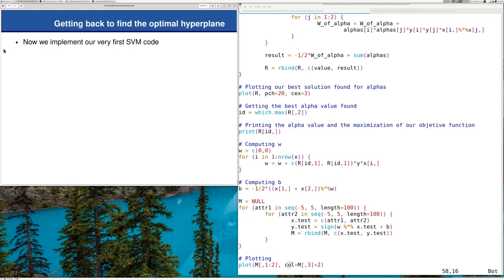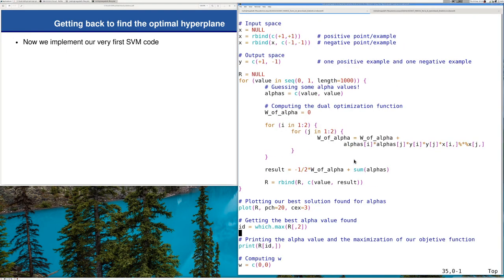Now I want you guys to come up with another SVM implementation of your own. Implement either the primal or the dual form and find a solution for this support vector machine problem.